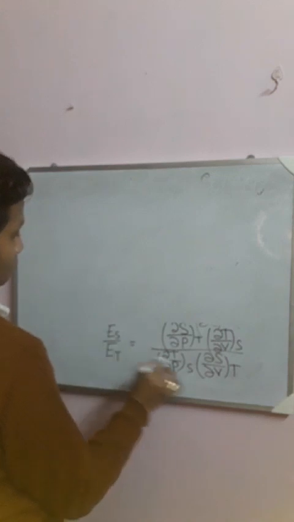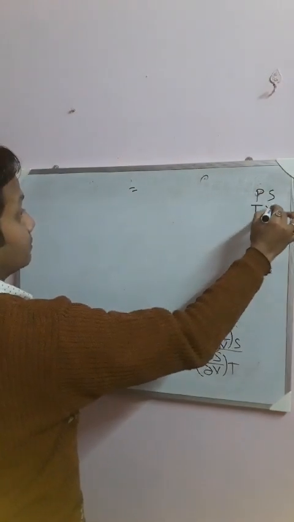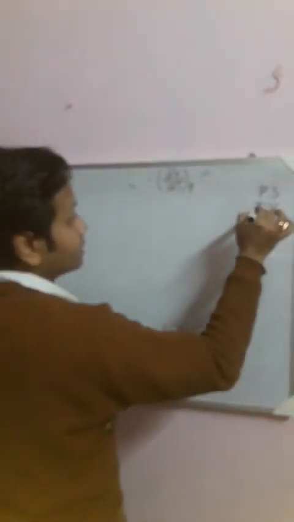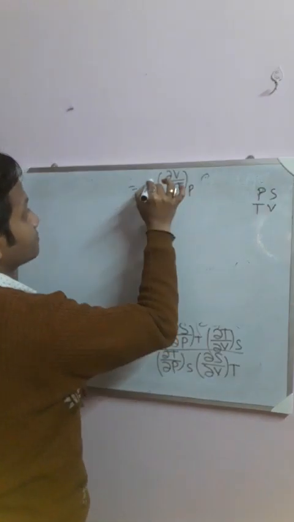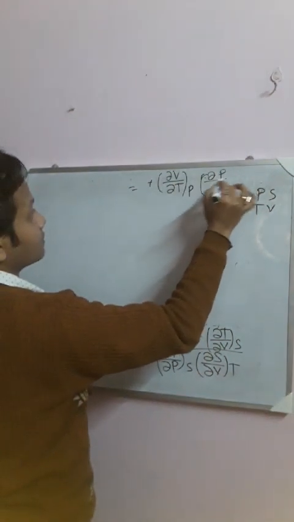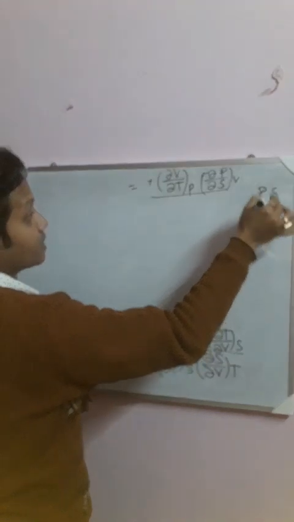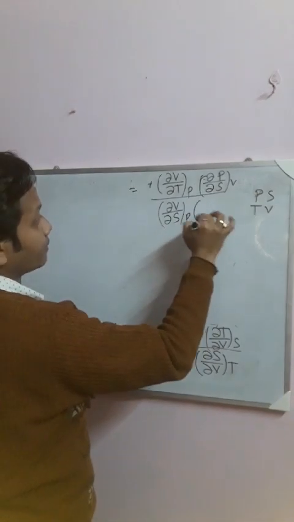Fine. So I do it here. Del S del P at T means minus del V del T at constant pressure, and here del T del V at S means minus del P del S at V, that means plus. This is PSV, and TPS means VSP, and SVT means PTV.